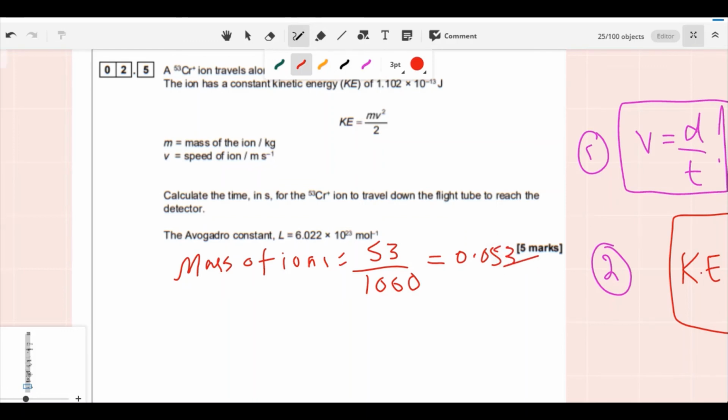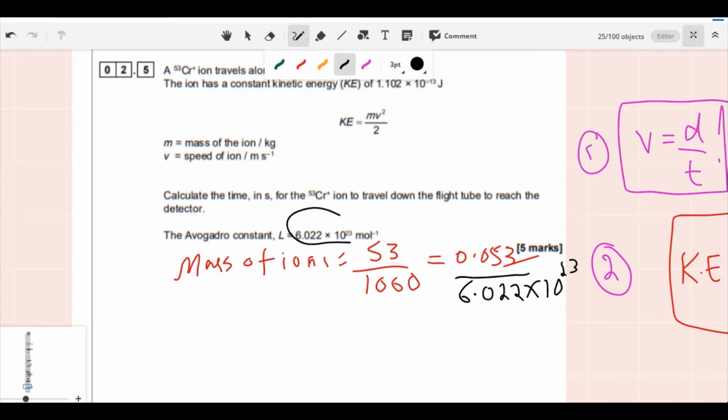So that will equal 0.053. Now you need to divide that by Avogadro's number to get the mass of ion.